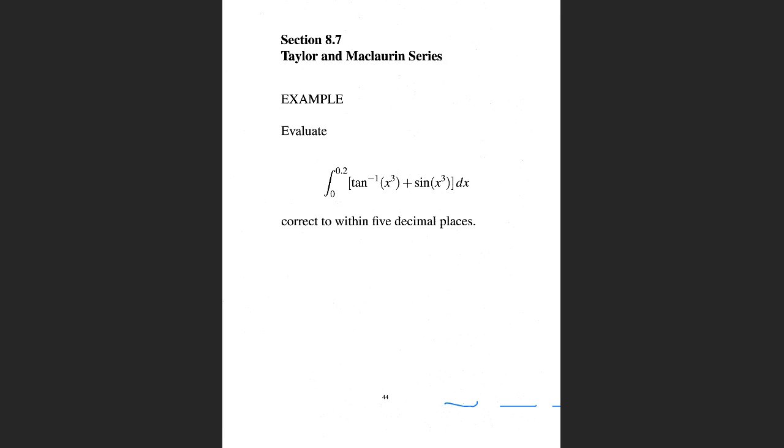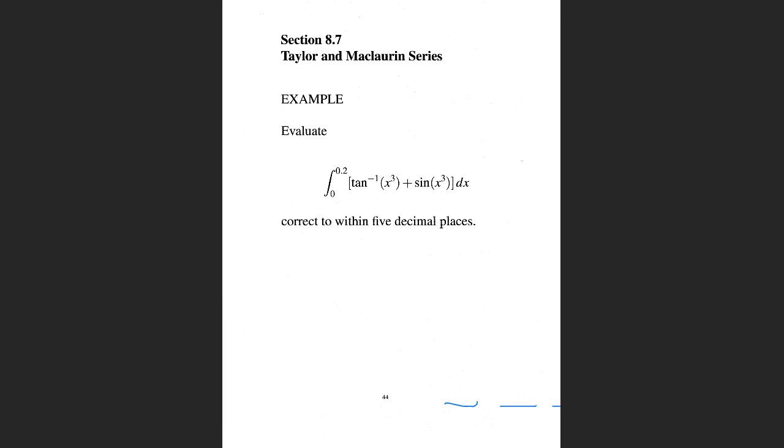Now, offhand, class, do you know the antiderivative for the arctangent of x cubed plus the sine of x cubed? Do you offhand know the antiderivative? Okay, Renat says no immediately. That's right. And the antiderivative doesn't exist.